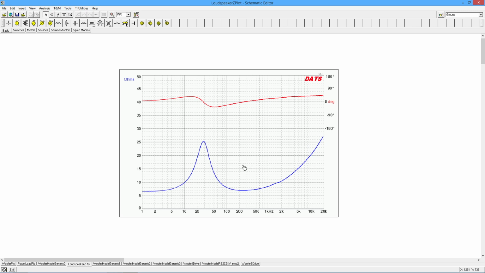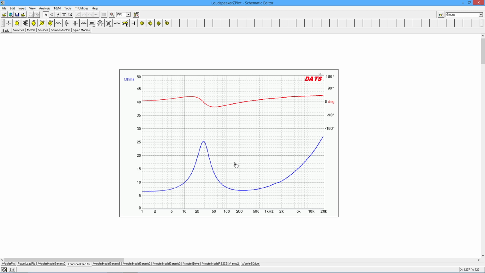Well, before I actually show you a model, it's important to understand some of the history. Back in the early 1970s, there was a lot of work done in terms of making electrical analogs of a mechanical system, of a loudspeaker. So the idea was to be able to use electrical circuit analysis techniques to, quote unquote, solve this acoustical design so that we could more accurately predict things like bass response.